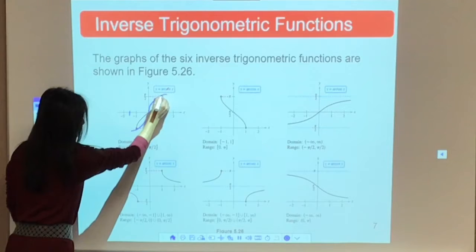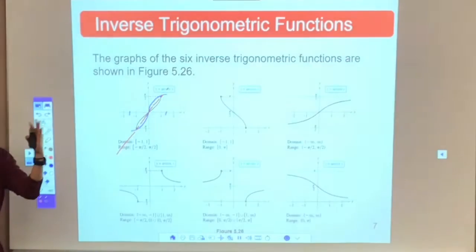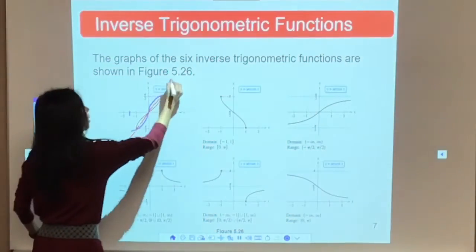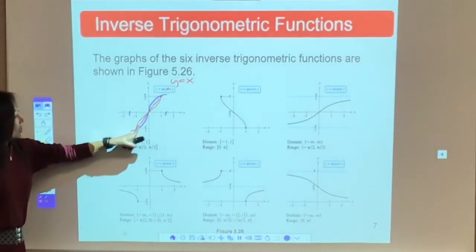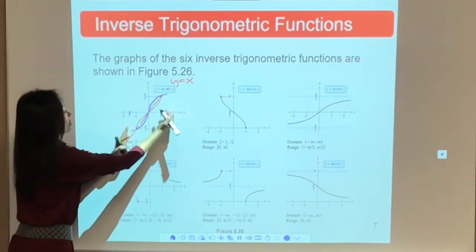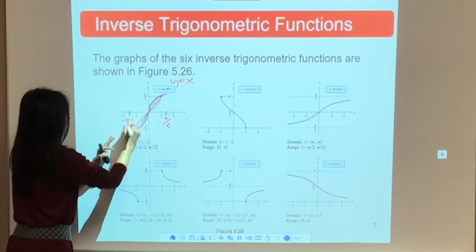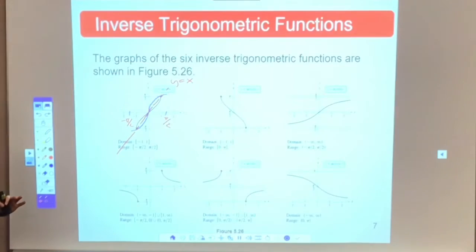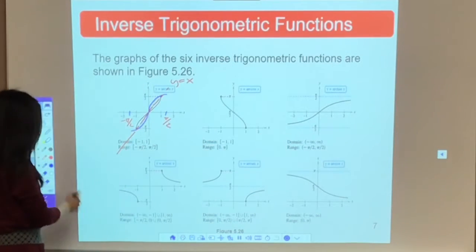If I draw a line here, they're exactly mirror images, isn't it? This is y equals x. The red is the blue one that I drew, that's the sine function. So I'm only looking at the sine function from pi over 2 to negative pi over 2. And then the y value goes from 1 to negative 1, okay?